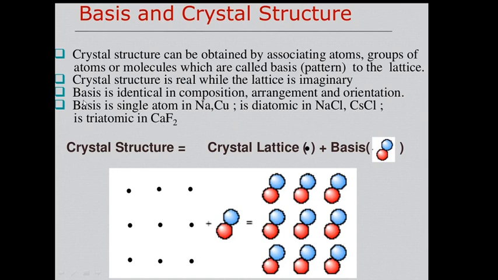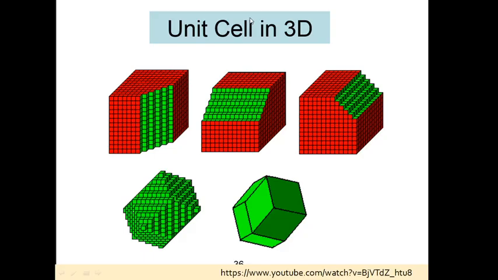So basically basis doesn't have a limitation on the group of atoms, but basis means a group of atoms or molecules which are lying on the lattice, and that makes the periodic repetition you can visualize in the lattice space, and that is what is meant by a crystal structure.